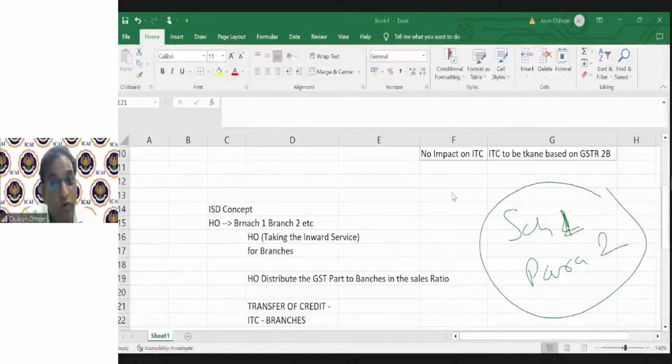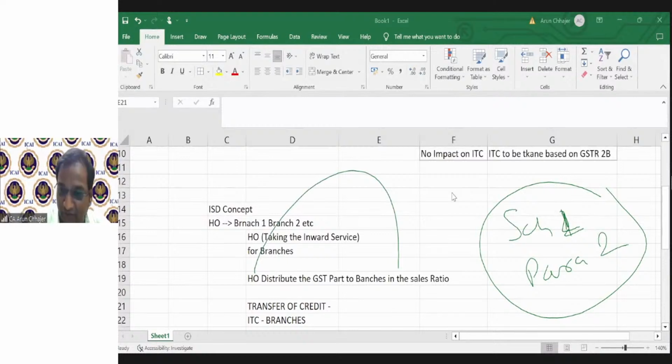Schedule 1 Para 2, if there is a supply of goods or services between related persons or distinct persons, Schedule 1 says even without consideration the transaction can be a supply. तो क्या हुआ? हेड ऑफिस से ब्रांच को कोई सर्विस गई है, कोई कॉमन सर्विस अलोकेट हुई है, तो HO पूरी क्रेडिट को रख भी नहीं सकता. HO has to transfer because he does not have the tax liability. So the transfer का मैकेनिज्म ISD है.